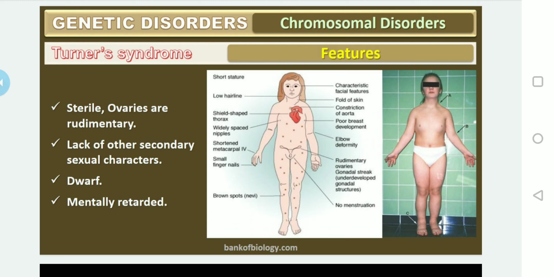Then we discuss the monohybrid cross, dihybrid cross, incomplete dominance, and chromosomal inheritance. Later we also discuss the experimentation of Morgan, and then Mendelian disorders and chromosomal disorders. So these are all about the fifth chapter, the principles of inheritance and variation.